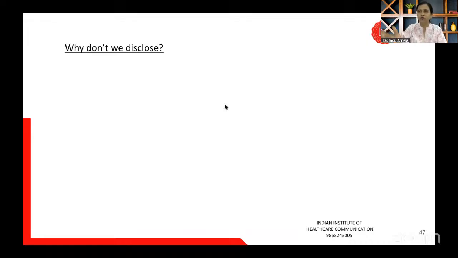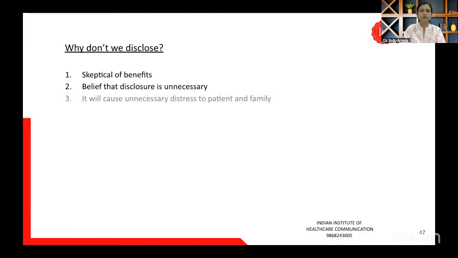So most of the points have been covered. Let's see what this says. A lot of times we are skeptical of benefits. What is the use of telling? It has to be managed, we will manage, what is the point of telling them? People think like this, or they don't think that the patient needs to know about it. Sometimes people think that disclosure is unnecessary because it will cause distress to the patient and family, and we should be able to manage on our own.